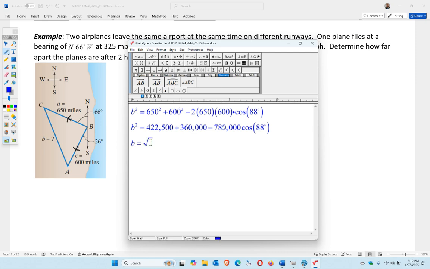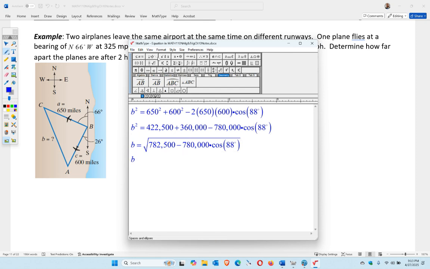If I add those together, I'll get 782,500 minus this value here. Okay, so I can't go any farther. I can't subtract those because multiply comes before addition and subtraction, right? So I have to wait on that.